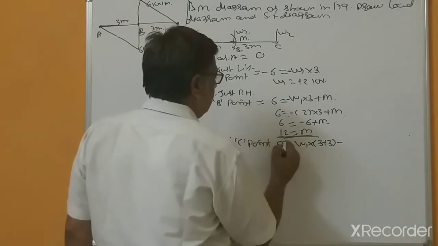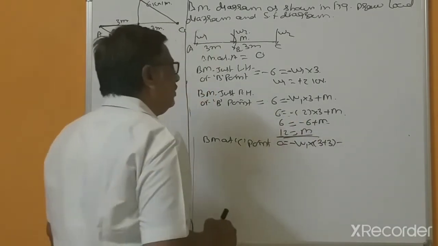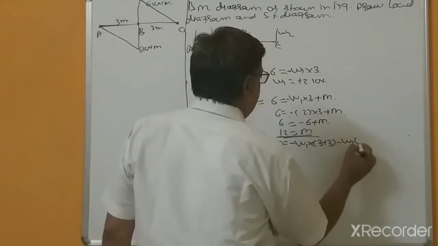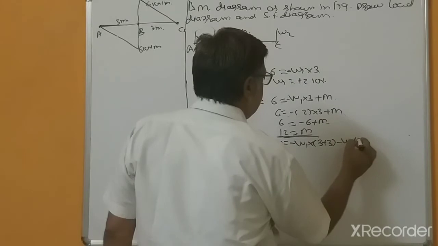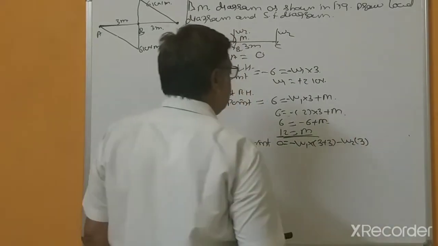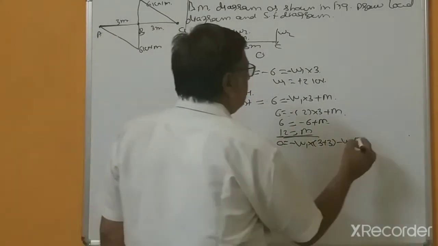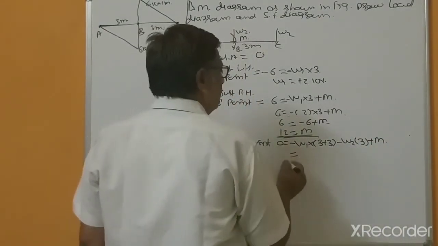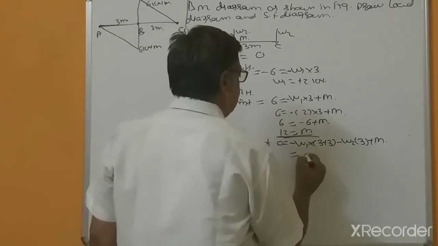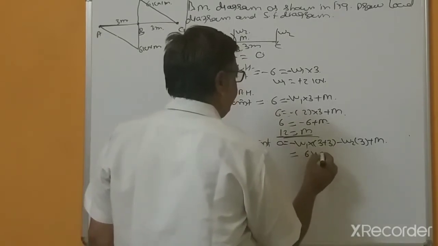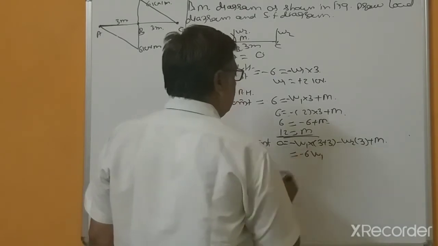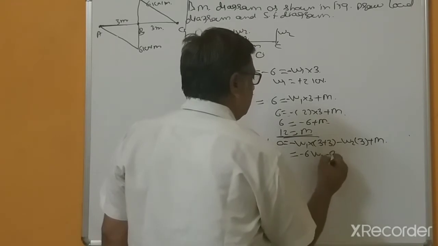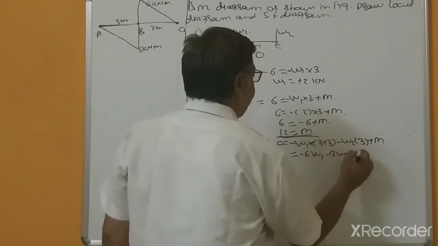Now this is 3 minus W2 into 3 and this is plus m equals 6, 9. Right, W1 minus 6 minus 3 W2 plus 12.